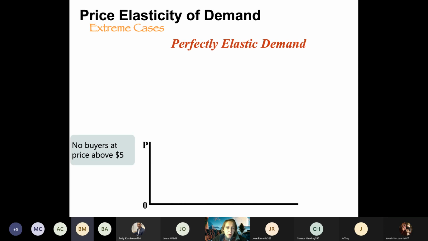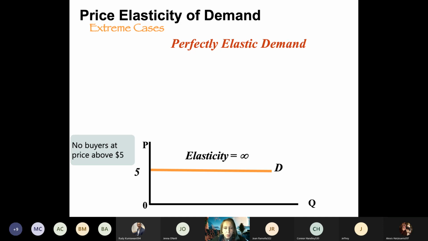And it could also be that demand is perfectly elastic. So in this case, the product costs $5, and nobody will sell it to you for more than 5, and nobody will buy it for more than 5. So it's perfectly elastic demand. It's a slightly fictional, extreme case, but we would like to look at extremes, right?